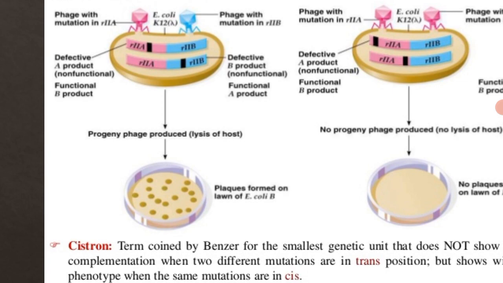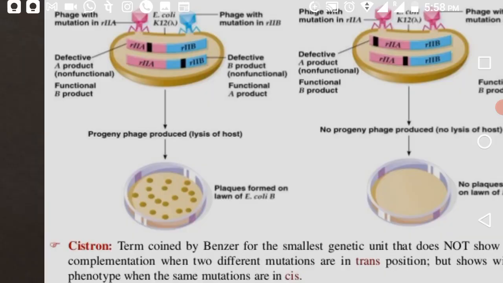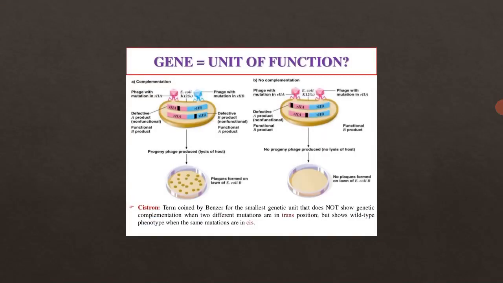You can see one mutation is present in the R2A gene and one mutation is present in the R2B gene, and therefore both the products will complement each other, because both can be produced as functional products. You can see R2B is functional and R2A is also functional. Okay, and therefore it is able to carry out the next progeny generation, right?